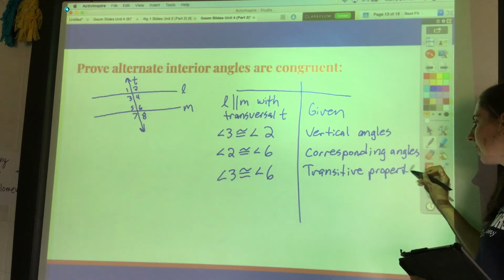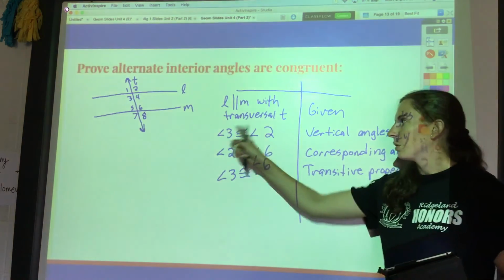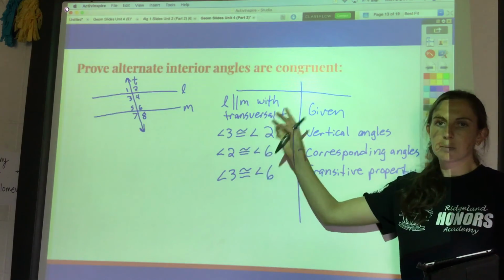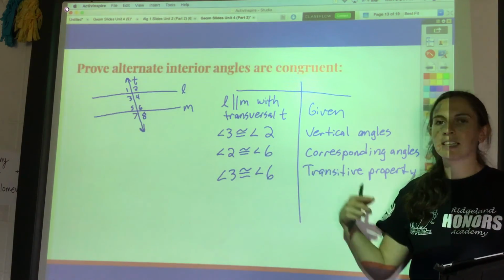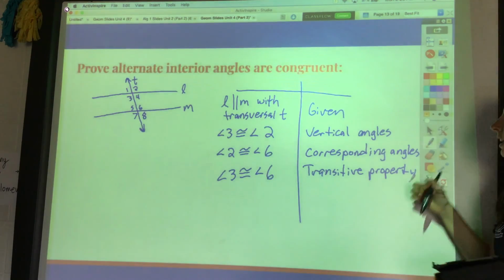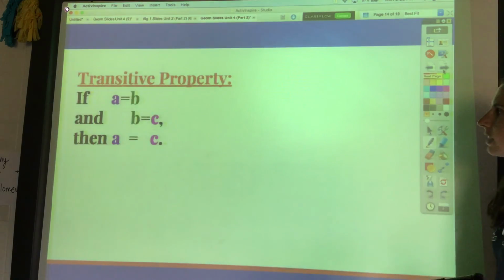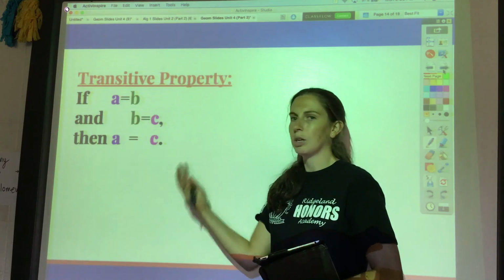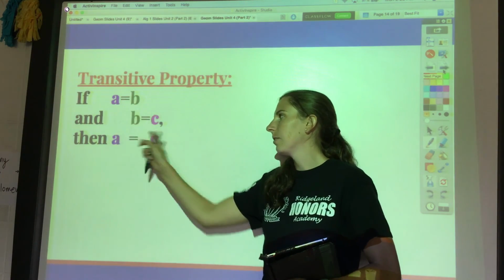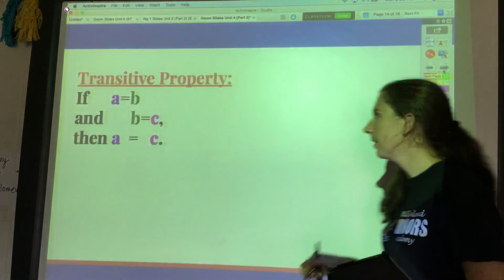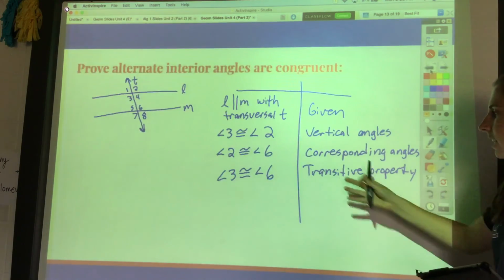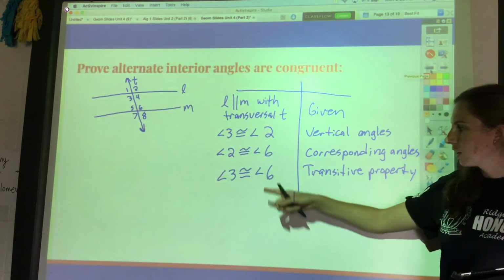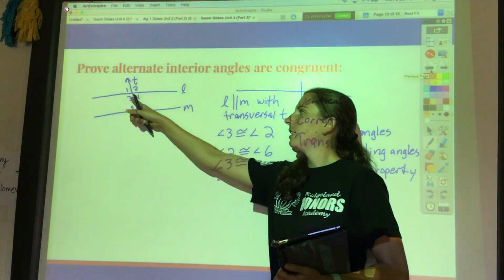Basically, if you link things up kind of like a train, like 3 goes with 2, 2 goes with 6, so I could just skip the middleman and say 3 is congruent to 6. It looks like this, basically. If A equals B and B equals C, then we could just jump straight from A to C. That's called the transitive property. And that's it. That's my proof. I proved that 3 is congruent to 6. Those are alternate interior angles.